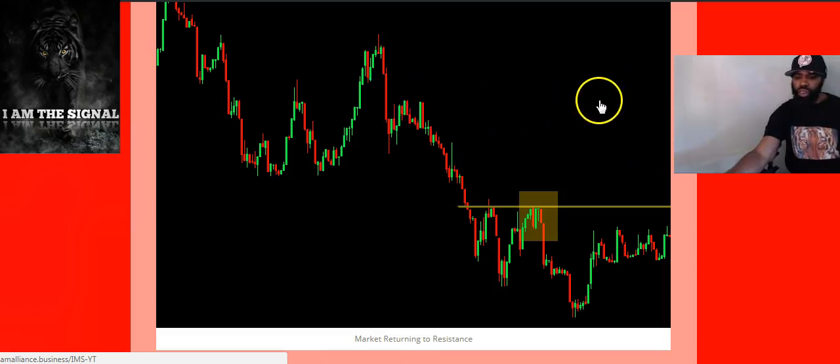One up here. The market's going to return back up here. That's what I'm assuming, once they start buying up again. So here, look, this line right here, resistance level. What did the market do? The market returned to the resistance level, and it reversed. It remained resistance. It didn't become support. It remained a resistance level.